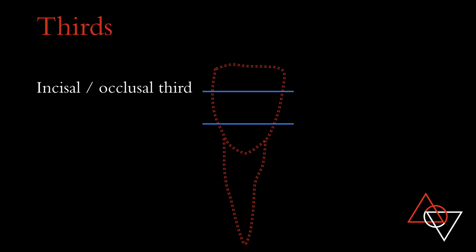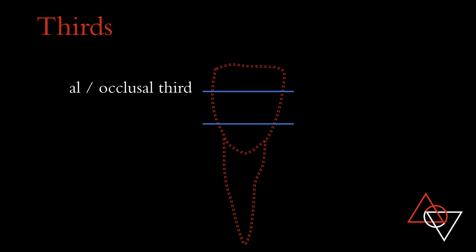The upper third is called the incisal or occlusal third. You use the term incisal when the tooth doesn't have an occlusal surface, so you use it for canines and incisors. Then you have the middle third, and the cervical third, because it's close to the neck or the cervical line of the tooth.